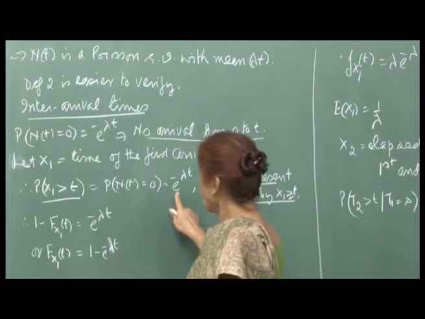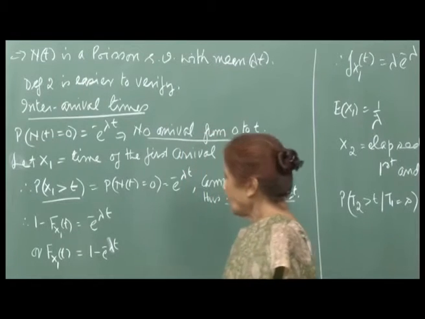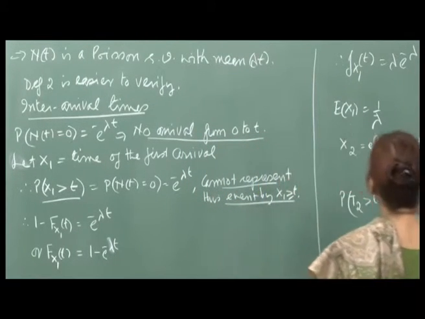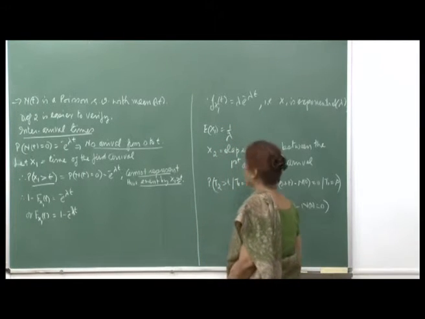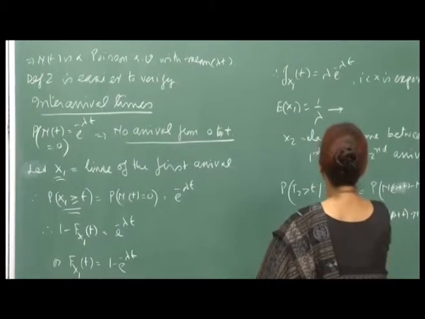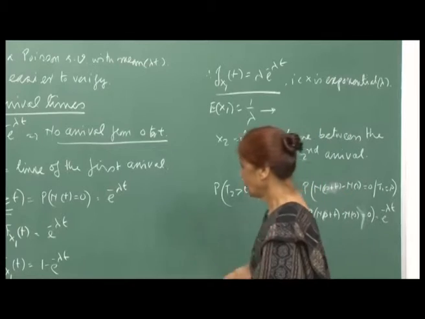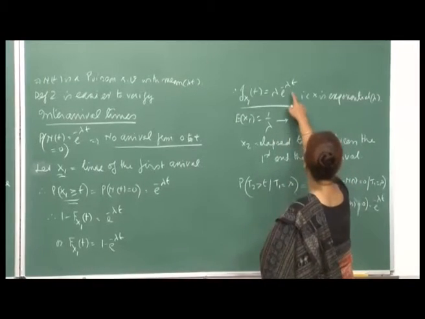So, then this is equal to e raised to minus lambda t, and so F_X1(t) is 1 minus e raised to minus lambda t. So, differentiating this equation on both sides, you will get f_X1(t) equal to lambda e raised to minus lambda t.